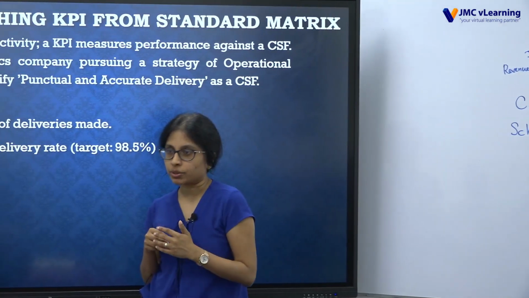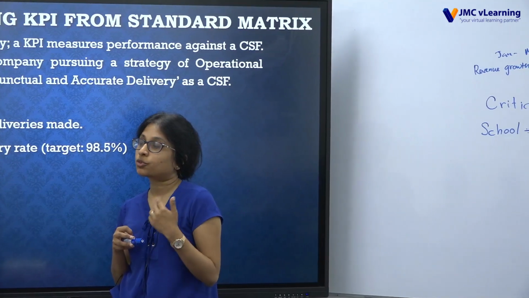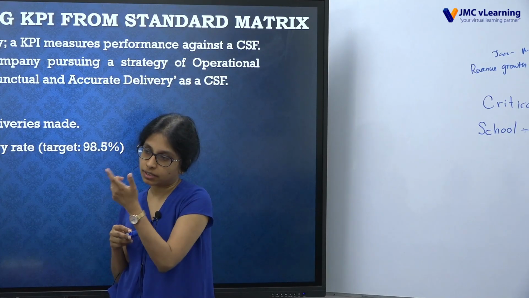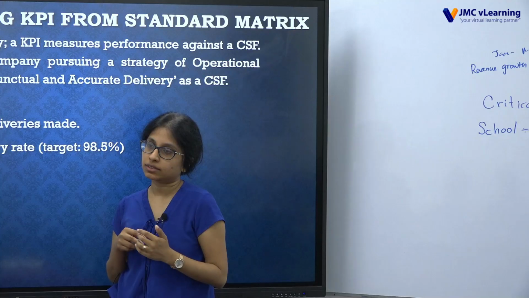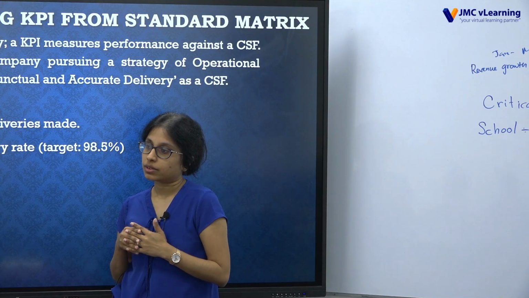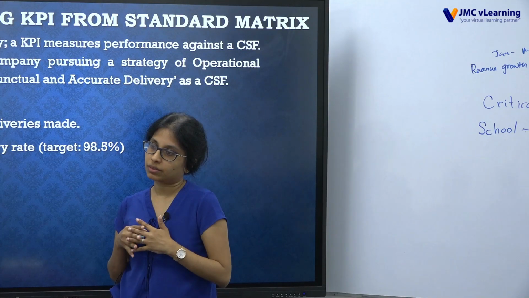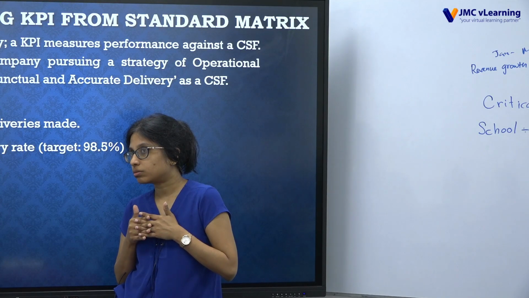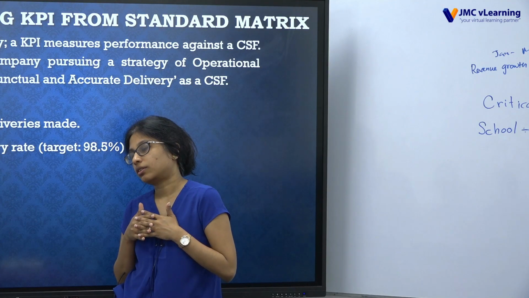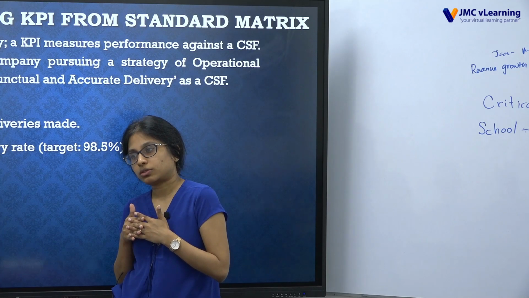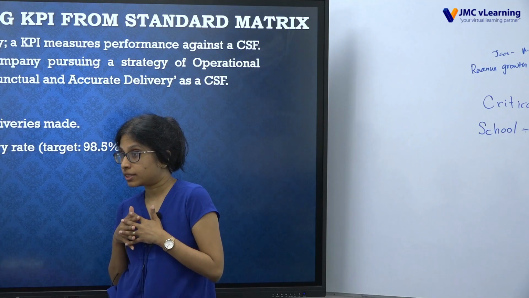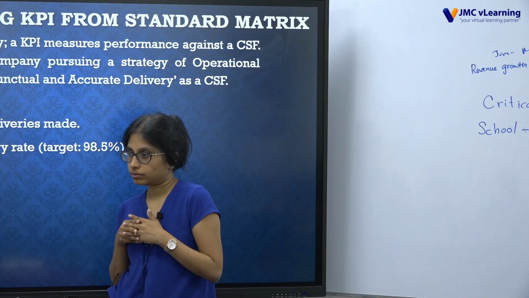Looking at our economy, looking at the type of schools we have, even in rural areas, let's take a school in a rural area. What should be a critical success factor? What is missing in our schools in very rural areas? Teachers.